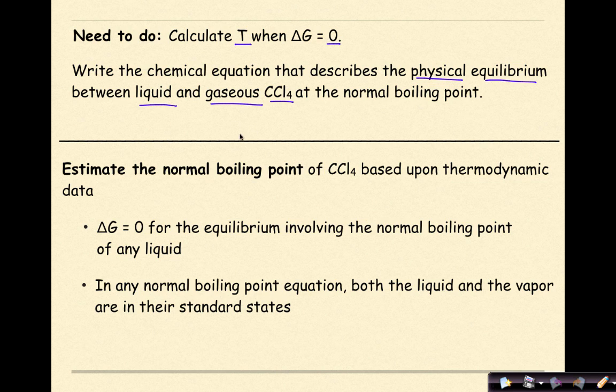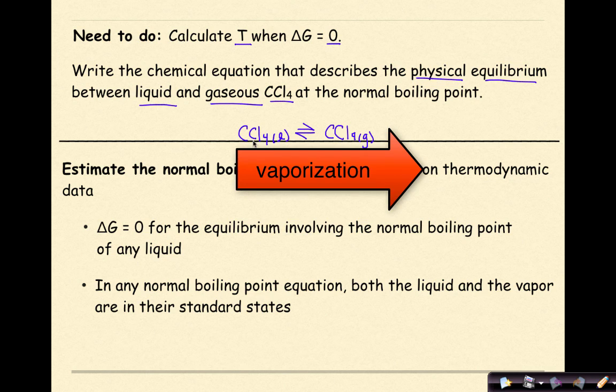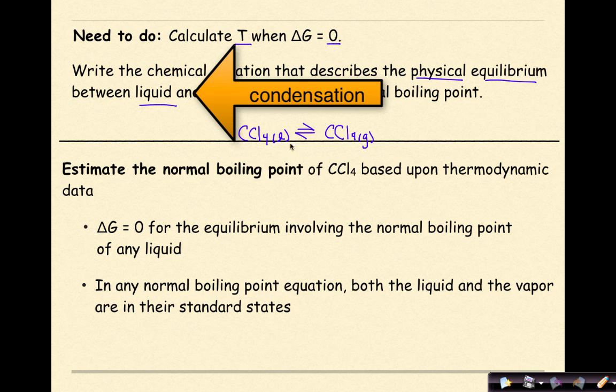So all this really means is that we're going to write the formula for carbon tetrachloride, which is CCl4, as a liquid, and that's a little cursive L, and we're going to put a double arrow saying that it is reversible, and then we're going to just write CCl4 again as a gas. And this represents our physical equilibrium between transitioning from liquid to gas as it moves into becoming a vapor, and gas into a liquid as it condenses and becomes a liquid again.